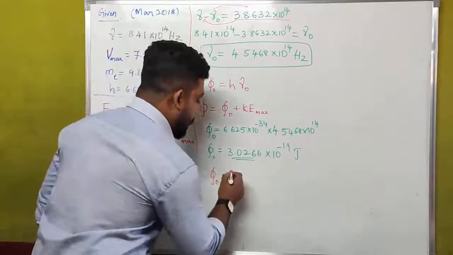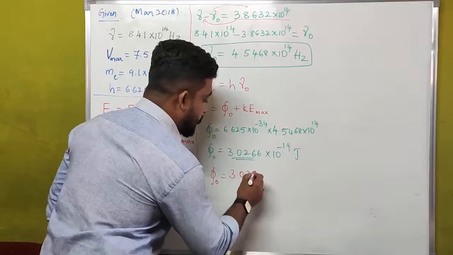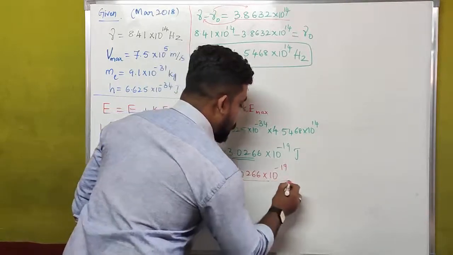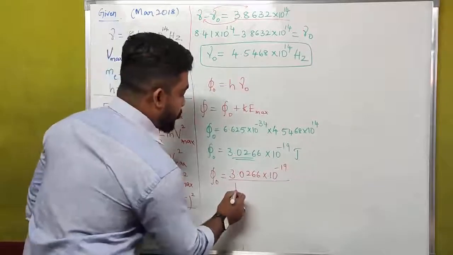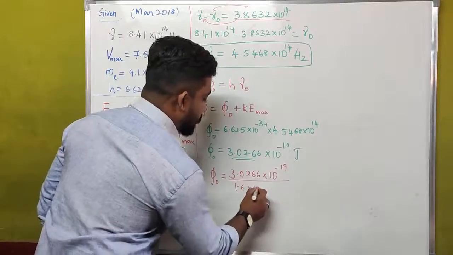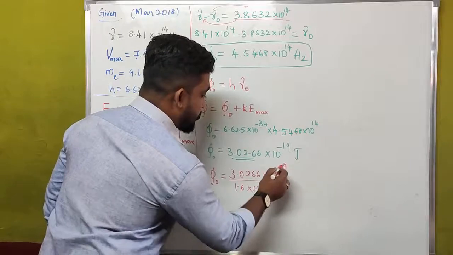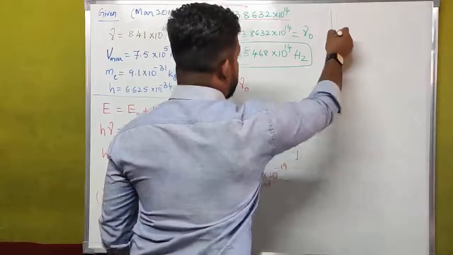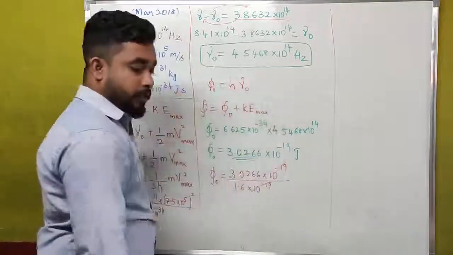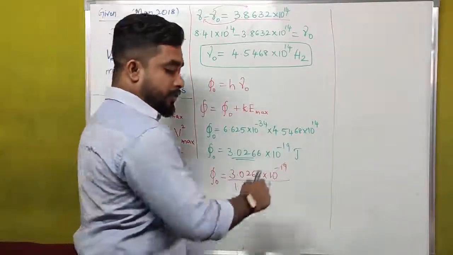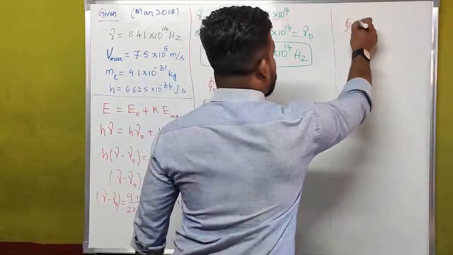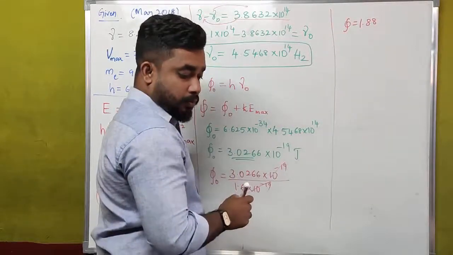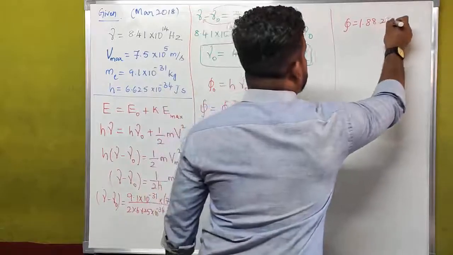Now here, if we do that, what we will get is 1.6 into 10 to the power of minus 19, and 10 to the power of minus 19 gets cancelled. Then if we calculate this, what we will get here is phi naught equal to 1.8826.